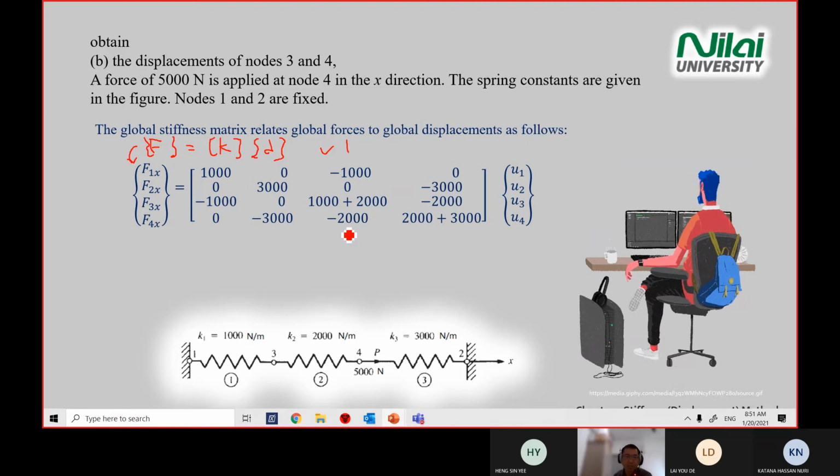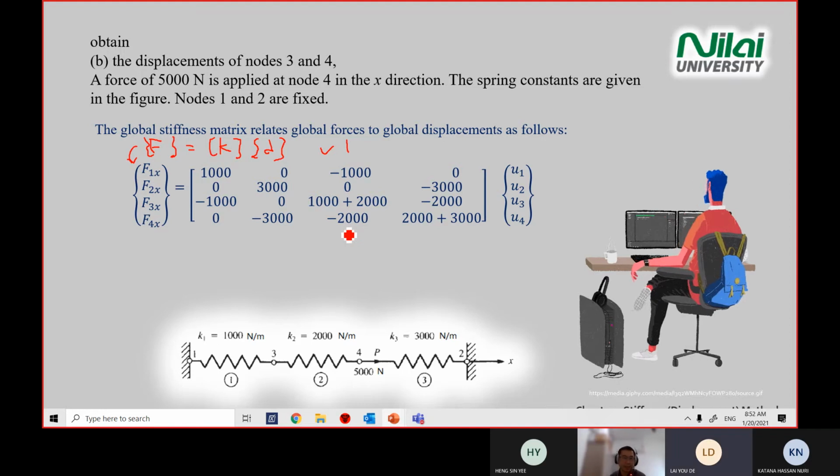When you have a homogeneous case, what does it mean? Lai, are you there? Yeah. What is a homogeneous case? We have two types of case, right? Homogeneous and non-homogeneous.